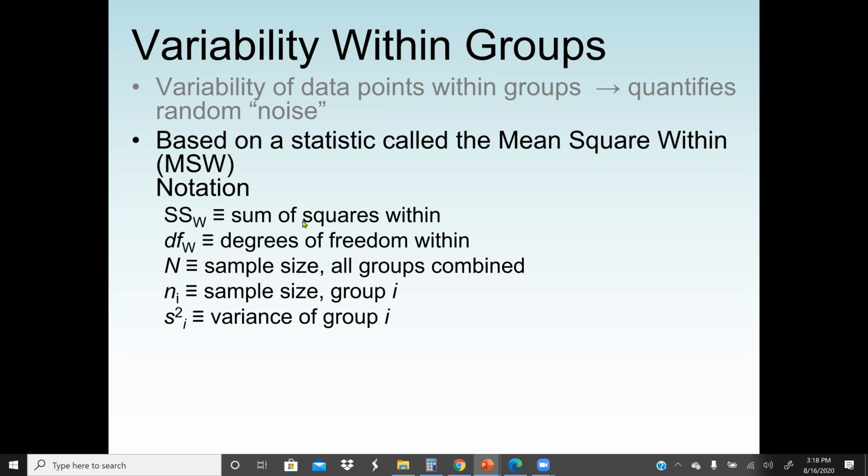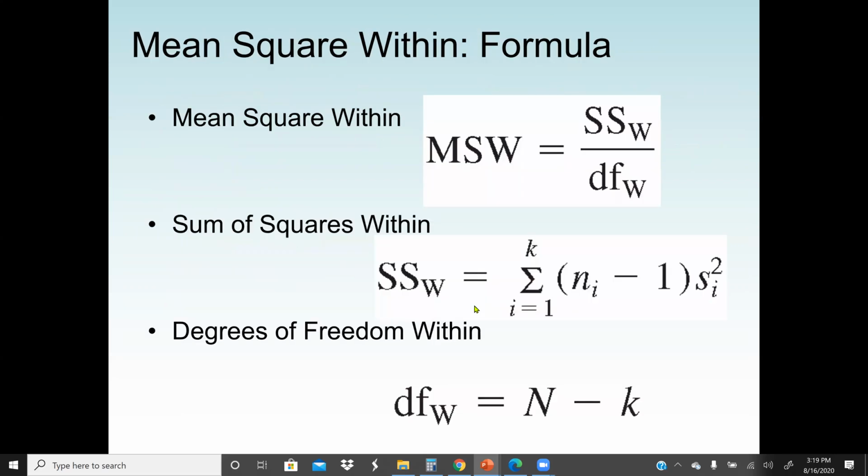The sample size of all groups combined will be uppercase N, which means if I have 3 groups and each group sample size is 5, uppercase N will be 15: 3 groups, 5 times 3, 15. Then we have the lowercase sample size, which depends on each group. Then we also have the variance of each group. This is also the formula for the mean square within.